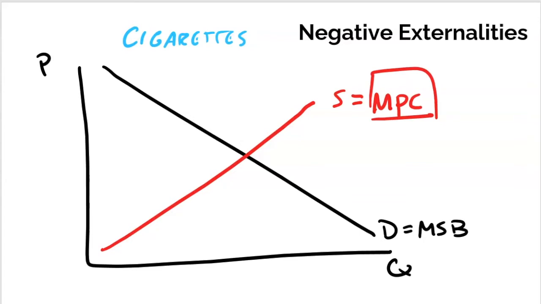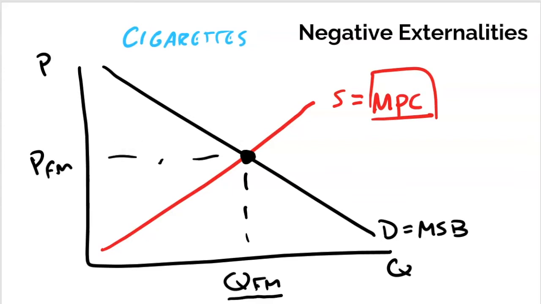And so where these two curves intersect, this equilibrium point, is going to be the quantity of the free market and also the price of the free market. In other words, at this particular point where our marginal private cost intersects with our marginal social benefit is the amount that companies are going to produce, the quantity of the free market here.